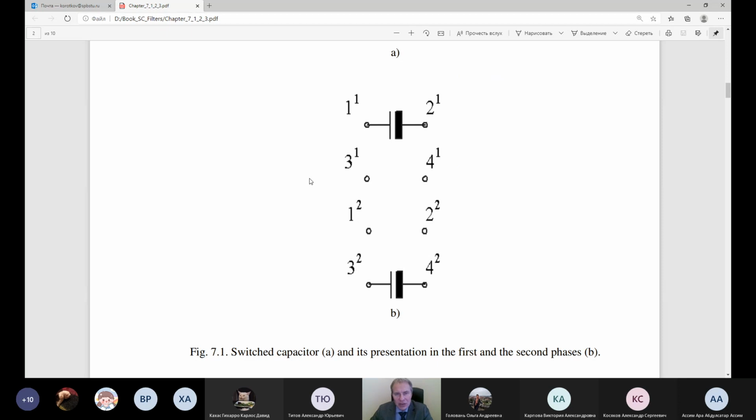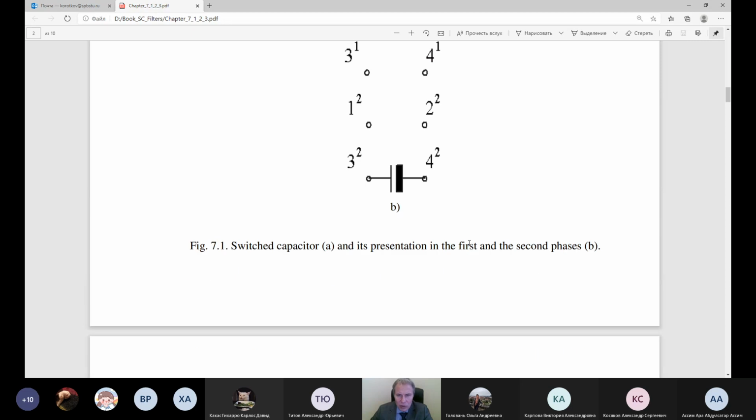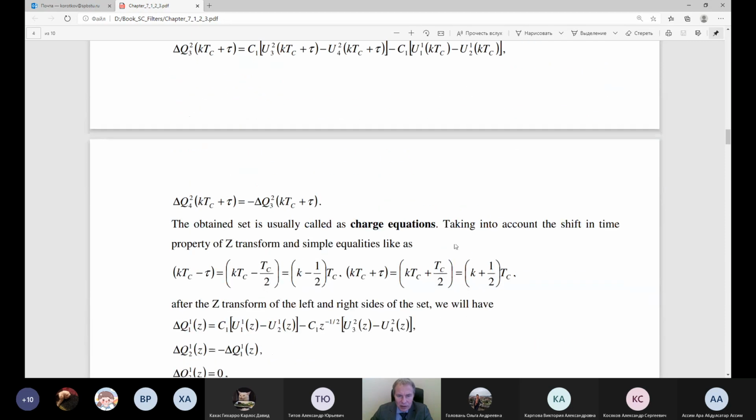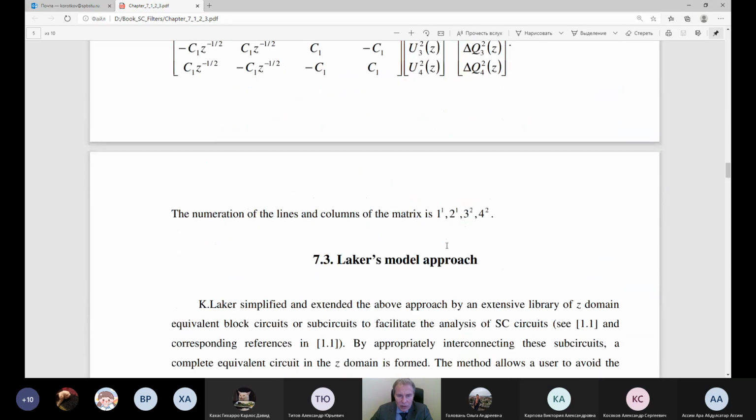If we are talking about the storistor included between the upper plate on the first phase and the bottom plate on the second phase, which is located here on the diagonal of the figure, then the sign of it will be minus.